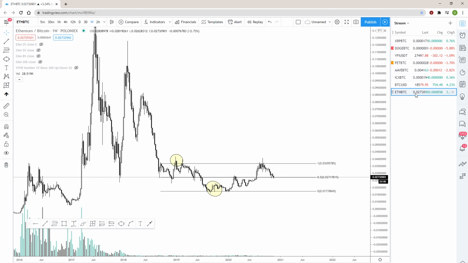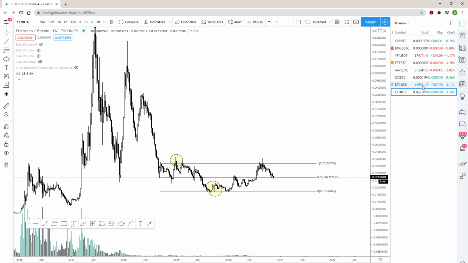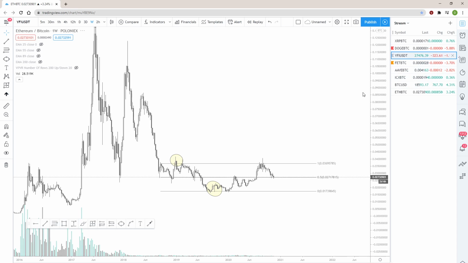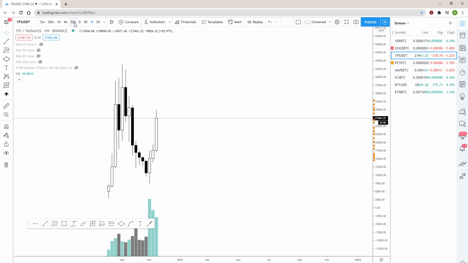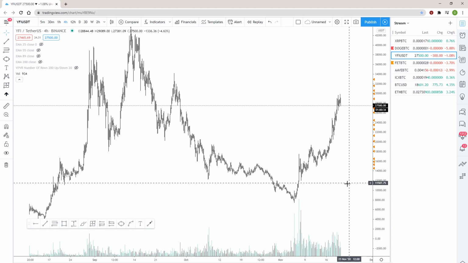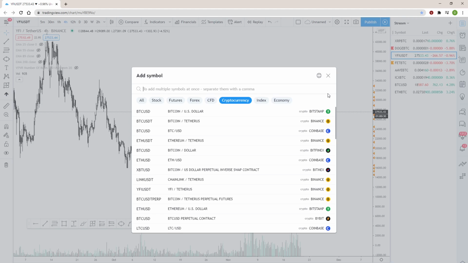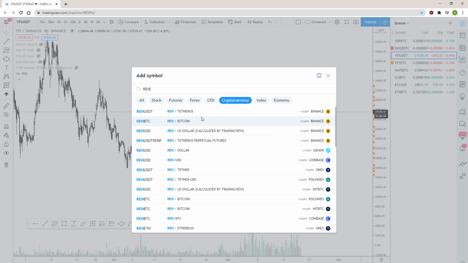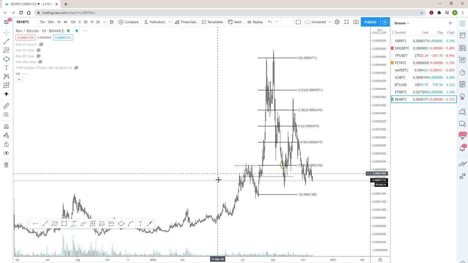So what am I looking for in many of these altcoin patterns? I mean, YFI was one of them, where we saw a V-shaped reversal happen. I'm not sure if this is what's going to happen for all altcoins. We can start looking at something like, I don't know, REN, for instance. I don't know what this chart looks like. Oh, this is a messy chart.